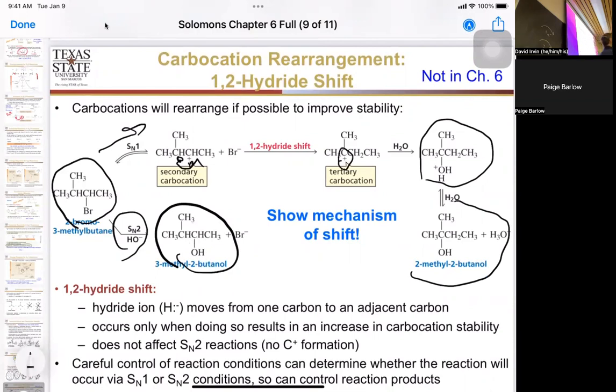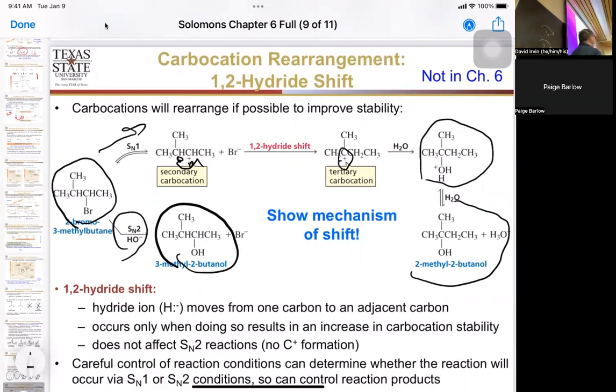So we can tell which mechanism it went through by what products it got. If it didn't move, it must have been SN2. If a secondary did rearrange, it must be SN1.